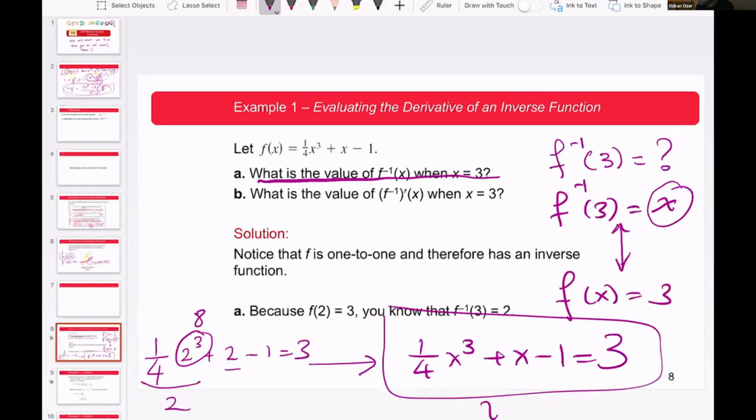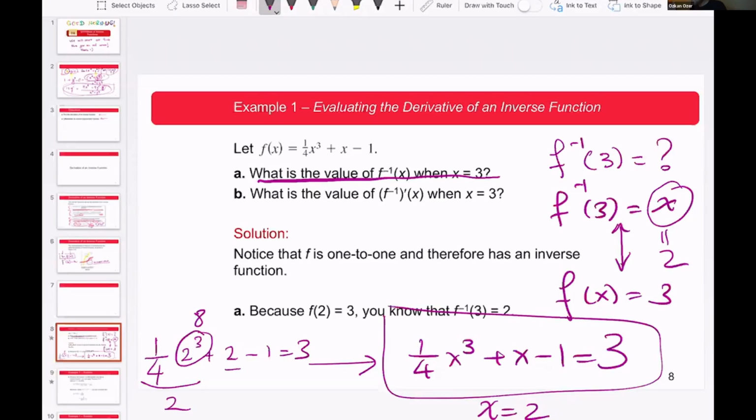So we do know that x equals 2 solves this equation by ad hoc checking of what kind of x may solve this, and x equals 2 sort of flashes over there. So you can go ahead and type here that f inverse of 3 equals 2.